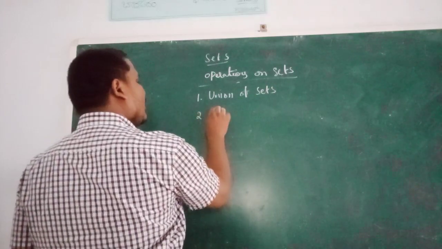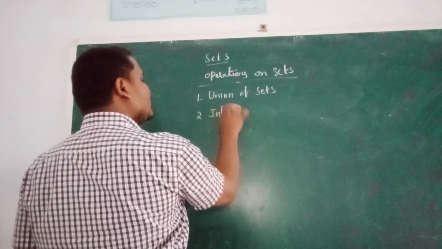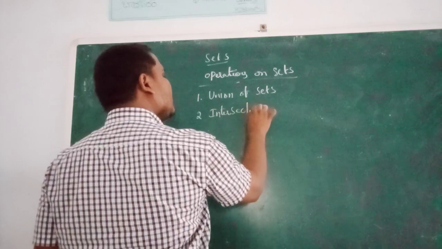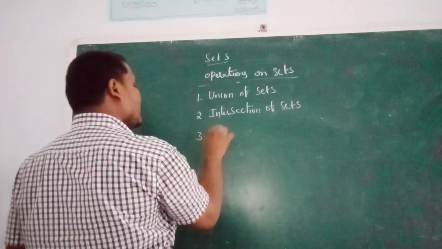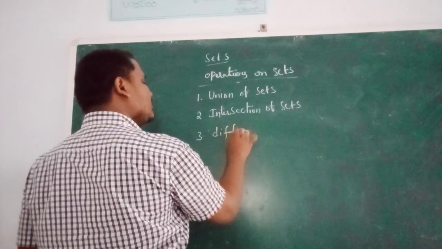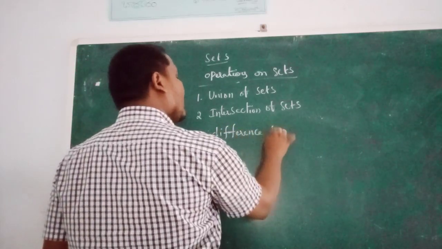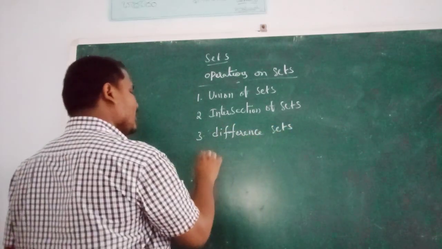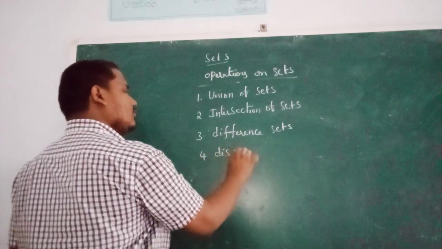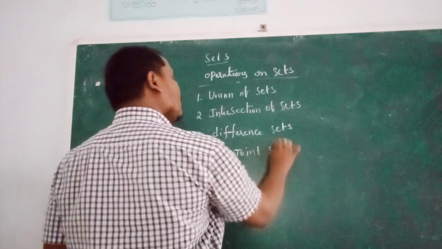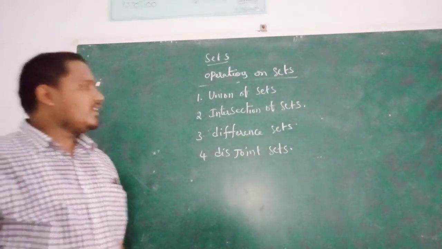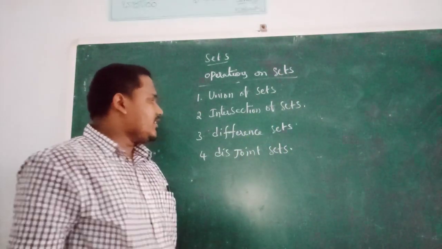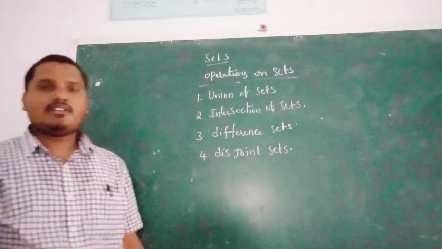Second one, intersection of sets. Third one, difference sets. And fourth one, disjoint sets. Union of sets, intersection of sets, difference sets, disjoint sets.